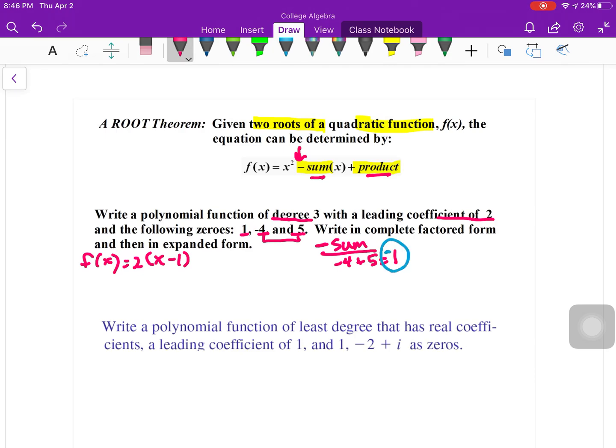And I'm going to want its opposite, so that would be a -1. When I do this product, I get -4 times 5, which is -20. So this gives me the square, x squared minus 1x minus 20.